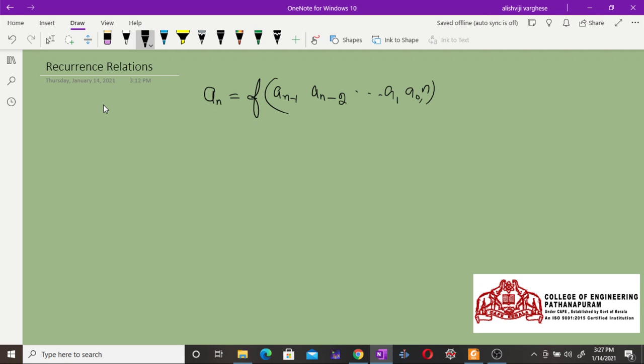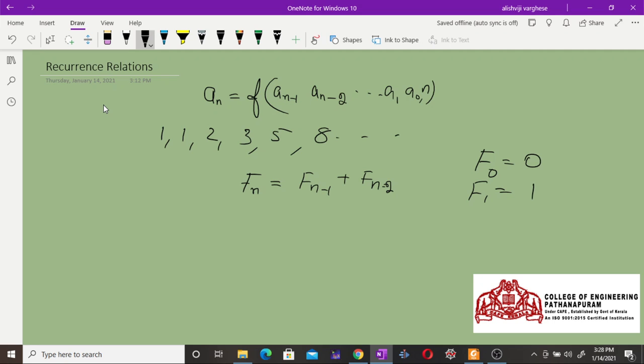For example, we know how we generate the famous Fibonacci series, which is 1, 1, 2, 2 plus 1 is 3, 3 plus 2 is 5, 5 plus 3 is 8, etc. We can represent the nth term of the Fibonacci series as the sum of the n minus 1th term plus the n minus 2th term, with the initial condition that f0 is equal to 0 and f1 is equal to 1.